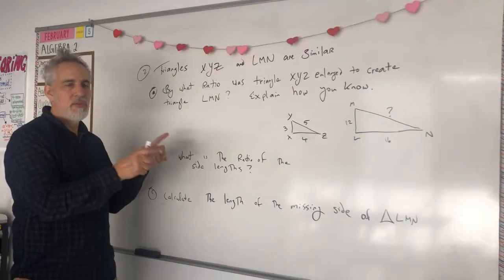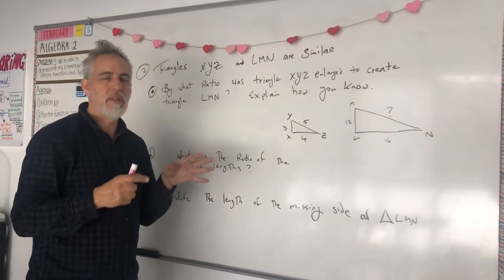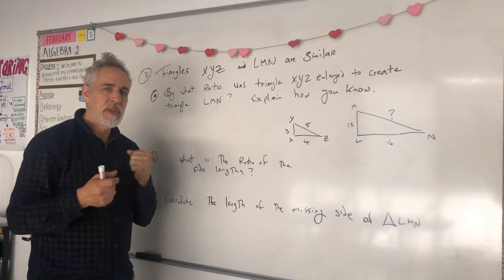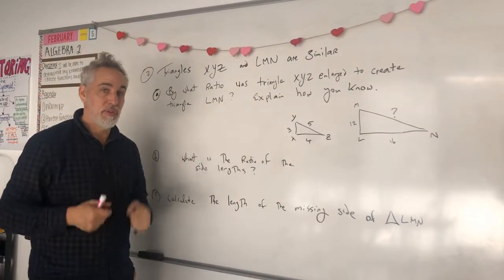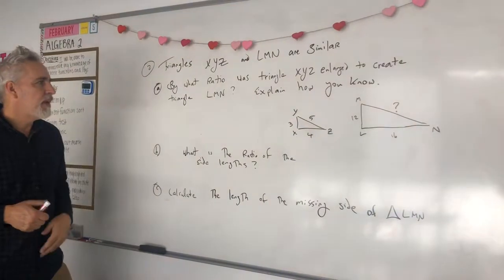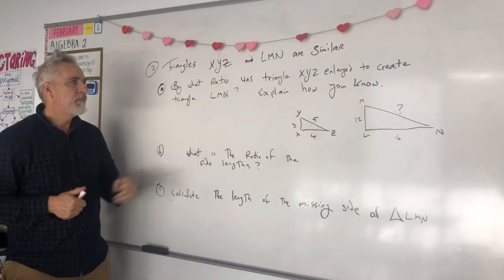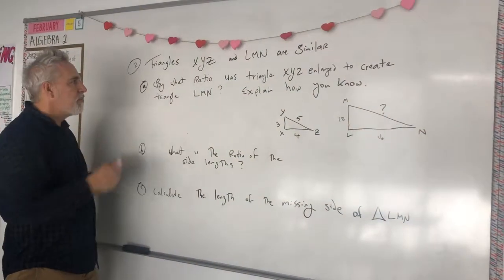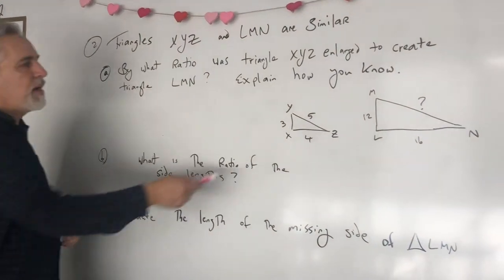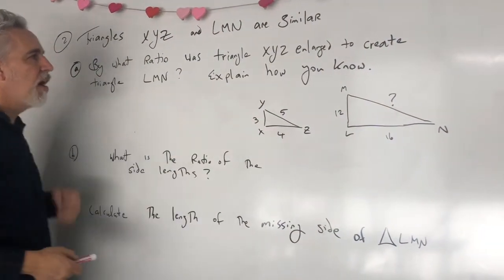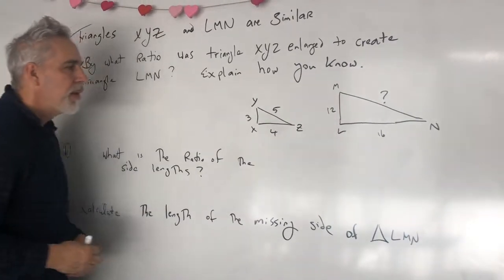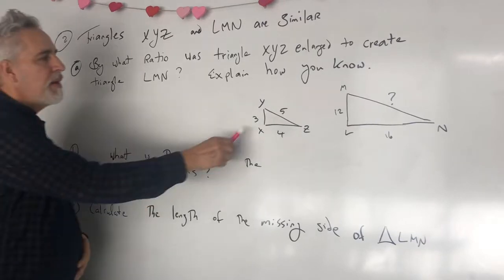This one has two similar triangles, and we're going to find the scale factor that allows us to understand what the corresponding sides are equal to. So let's start with finding the ratio between the two triangles. In this case, it says, by what ratio was triangle XYZ, this triangle right here, enlarged to create triangle LMN? This one's obviously bigger. The way you do that is by comparing sides.